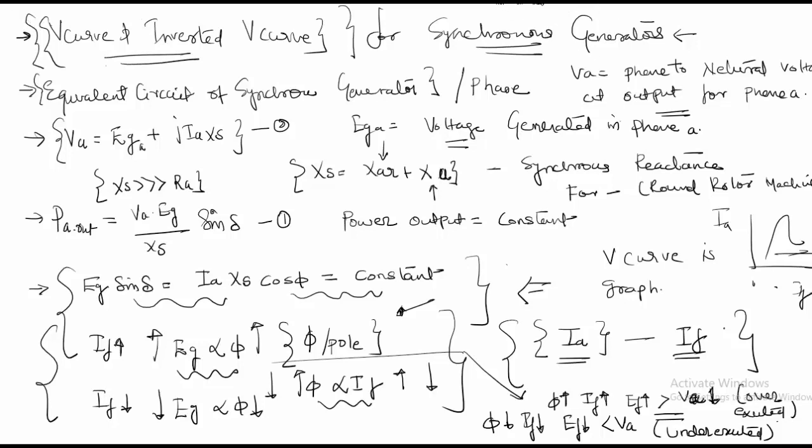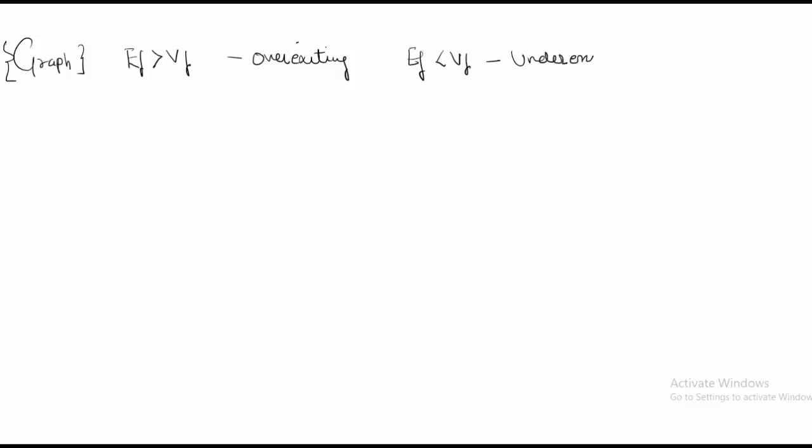Considering these basic things, the next thing I want to explain is a graph considering the state where my EF is greater than VA, which is overexcited, and my EF is less than VA, which is underexcited. In the overexcited case the flux and IF have been increased, and in the underexcited case the flux and IF have been reduced.